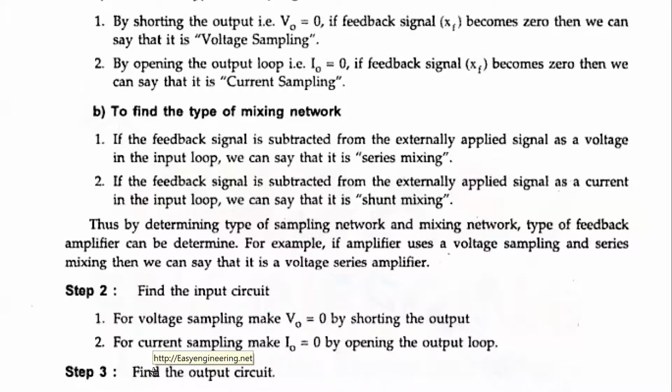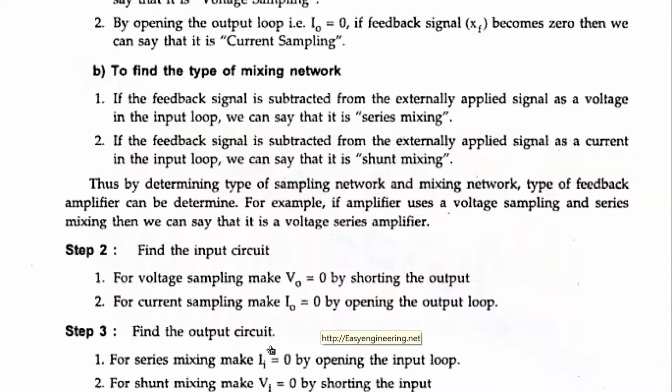Next, for the output circuit, for series mixing, there is a small observation that you have to make. If the externally applied signal is a voltage, and the feedback signal is subtracted from the externally applied voltage signal in the input loop, then we say it is series mixing.